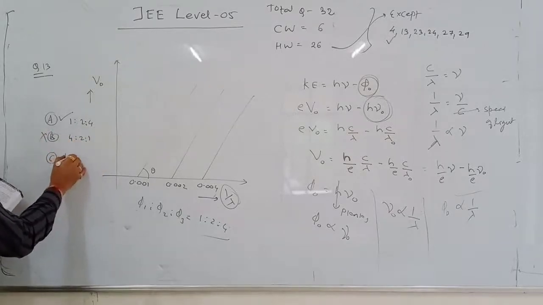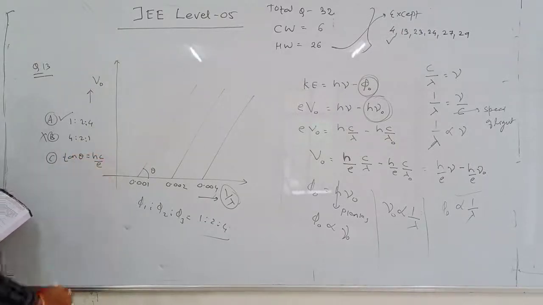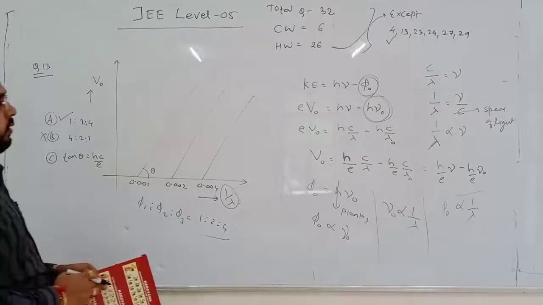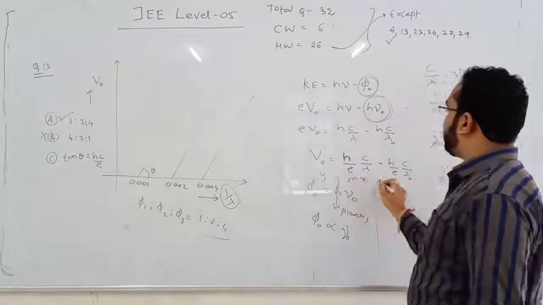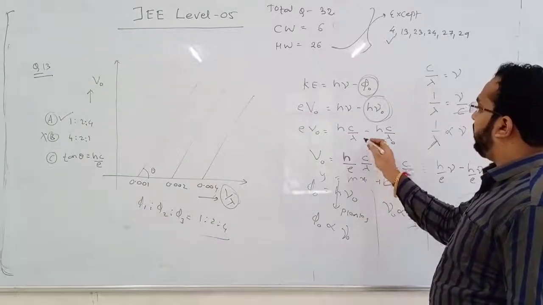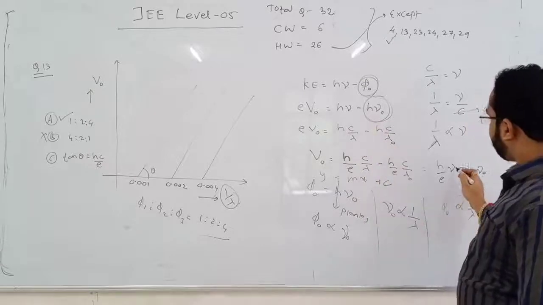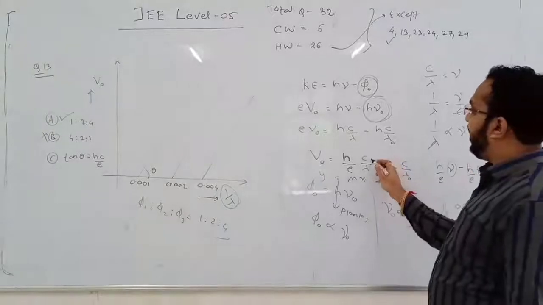Option C is tan theta is equal to hc upon e. See here, I have written y is equal to mx plus c. And what is x? 1 by lambda is x.